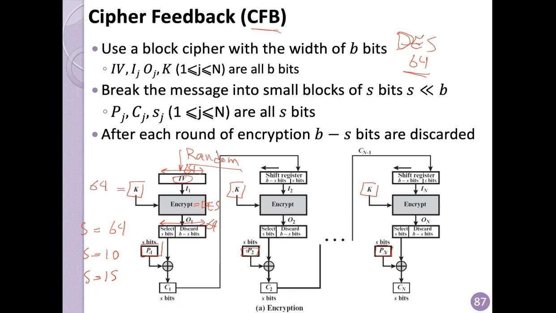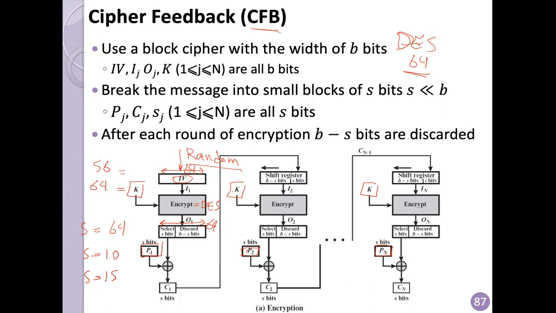You remember, out of that, 8 bits are going to be parity, so the actual key is 56 bits, but anyway, we assume that the key is also 64. So I'm talking about the output O1, which is the ciphertext coming out at the first block.